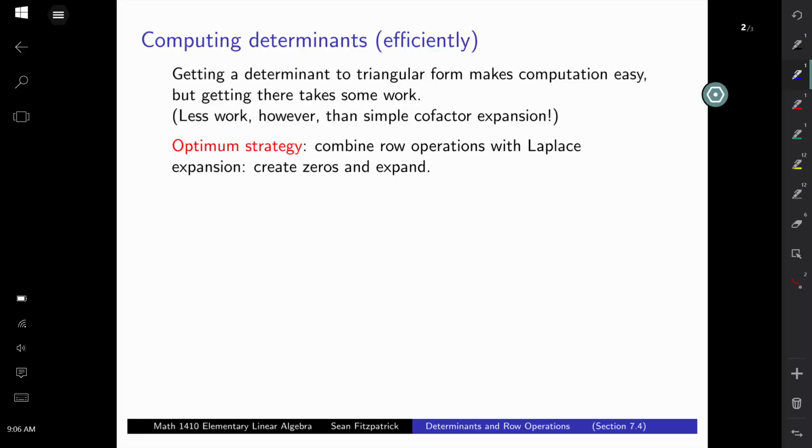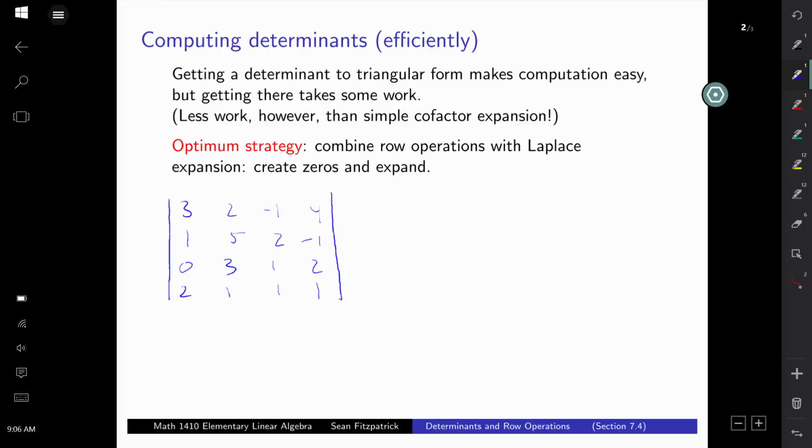So let's say I wanted to do a determinant of 3, 2, minus 1, 4, 1, 5, 2, minus 1, 0, 3, 1, 2, 2, 1, 1, 1. Okay, something like that.